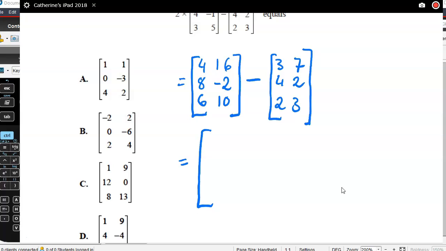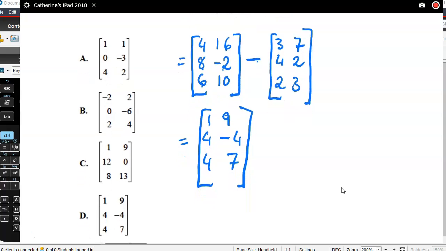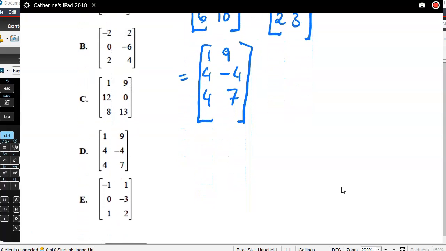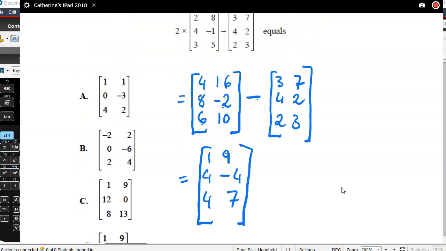Okay, 4 take 3 is 1, 16 take 7 is 9, 8 take away 4 is 4, -2 take away 2 is -4, 6 take away 2 is 4, 10 take away 3 is 7. So that should be D. Yes, and 95% of the state answered correctly.